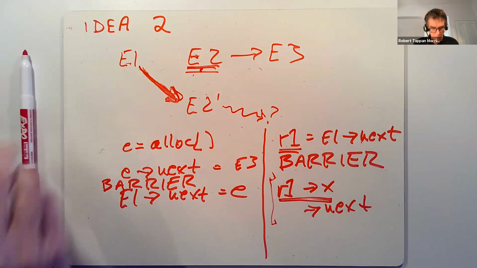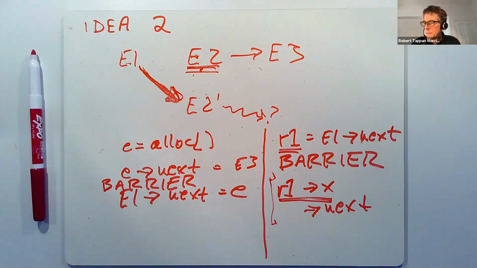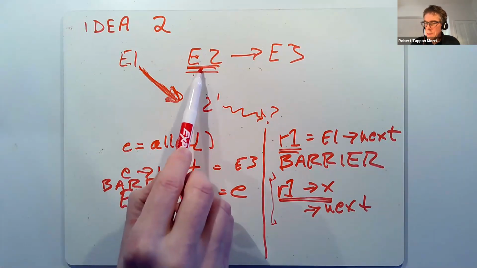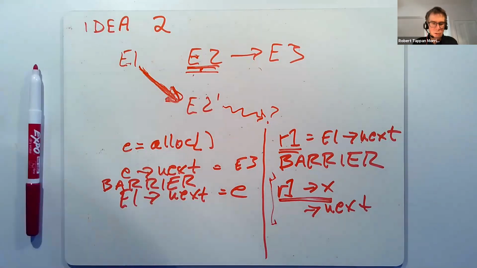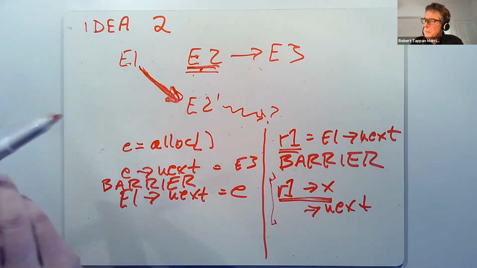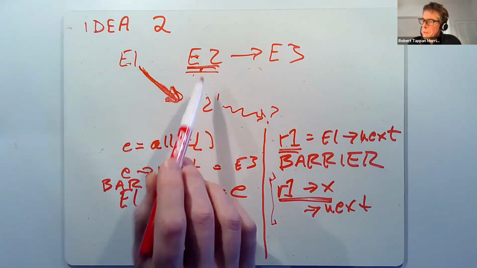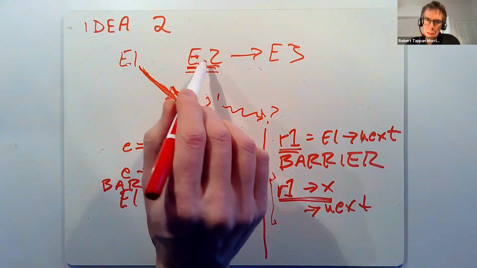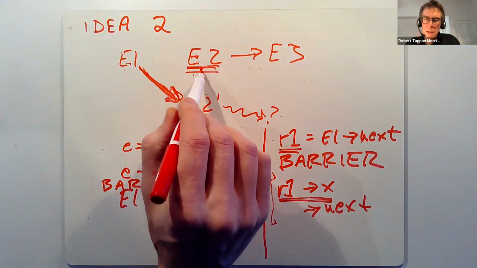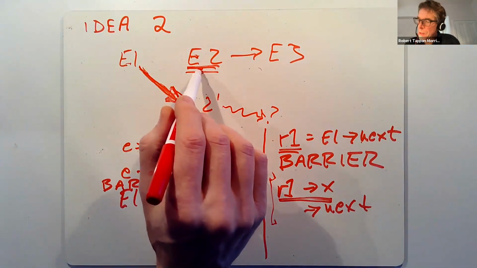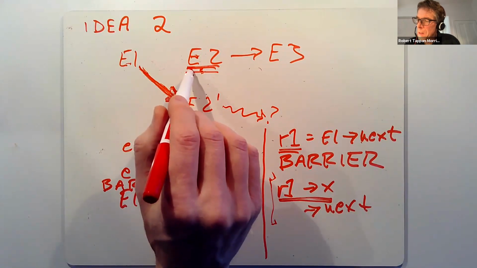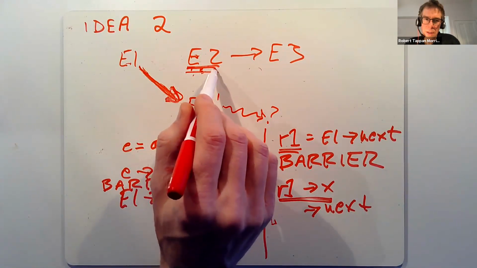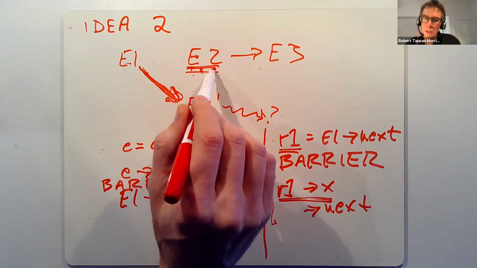And that's the third and final main problem that RCU solves: how long should the writer wait before it frees E2? You could imagine a number of ways of doing this. For example, we could put a little reference count in every list element and have readers increment it when they start using a list element, decrement it when they're done using the list element, and have the writer wait for the reference count on this element to go to 0.